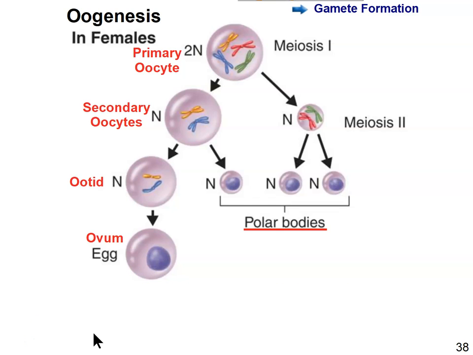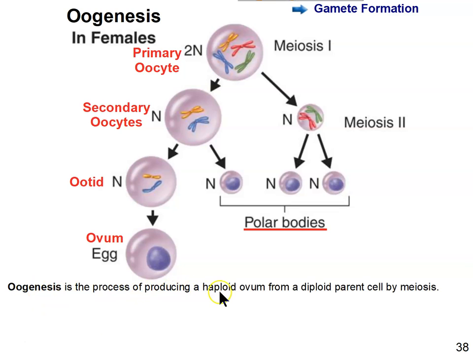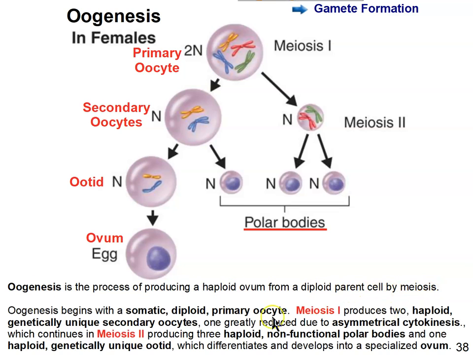So again, to summarize in writing here, oogenesis is the process of producing a haploid ovum from a diploid parent cell by meiosis. It begins with a somatic diploid primary oocyte, just like in spermatogenesis.